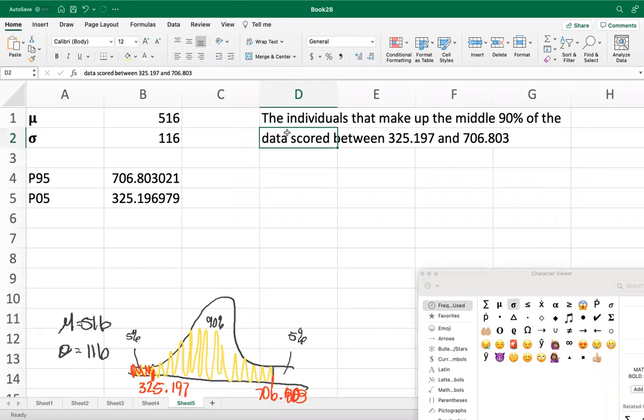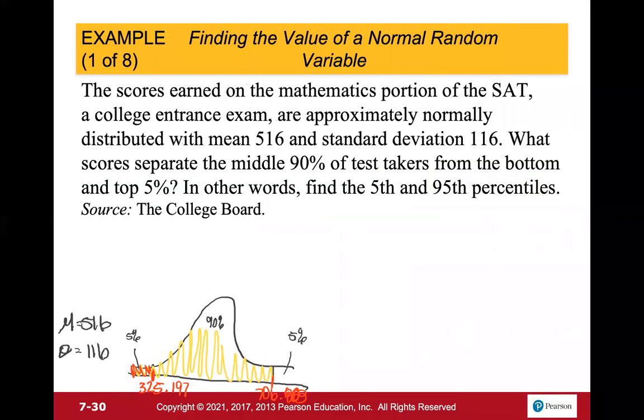Or you could even think of it as the whole numbers, because I believe these would be whole numbers. So scored between 325 and 707. And there we go. That's how the data would be displayed there.